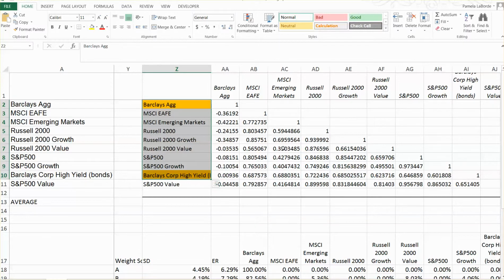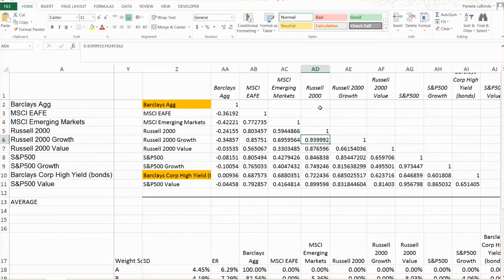So I crunched it for all 10 indexes relative to each other. And like we'll look at the Europe, Australasia, and the Far East index relative to the Barclays Aggregate Bond Index. So this has a negative correlation of 0.36.